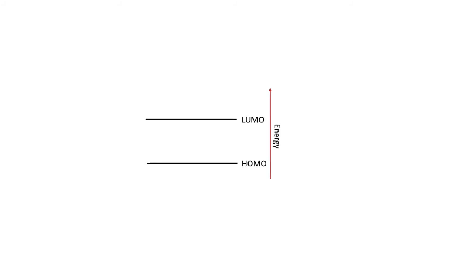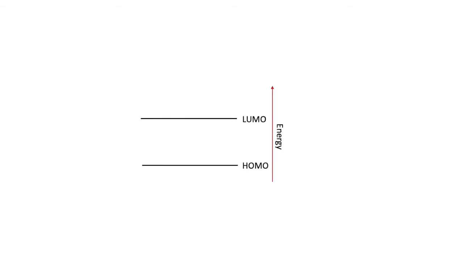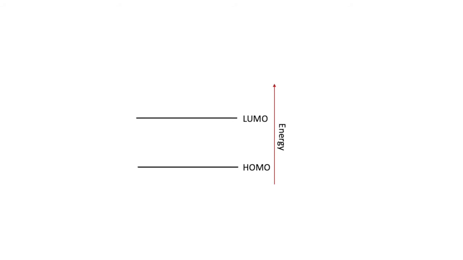So here we're looking at a simplified energy level diagram that's just showing the energies of the HOMO and LUMO orbitals. This is exactly the same as the other energy level diagrams we looked at in this video, but we're now just looking at different orbitals. So you'll know from your course that the HOMO means the highest occupied molecular orbital, and this is usually a bonding orbital, and the LUMO is the lowest unoccupied molecular orbital, and this is usually an antibonding orbital.